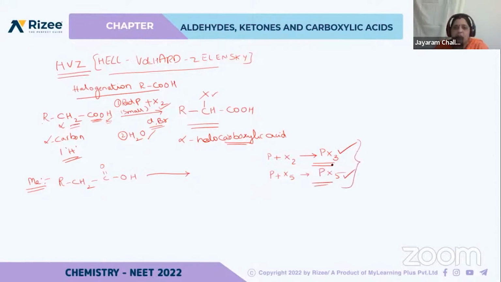We studied these two reactions, and one more thing is with SOCl2 also we studied. But here we are going to take these two reactions. Anyway, we can take PX3 or PX5 also. So now let's take PX3. This is our first condition: small amount of red phosphorus and halogen. So what's going to happen here? Simple thing. Hydrogen will be replaced by chlorine.